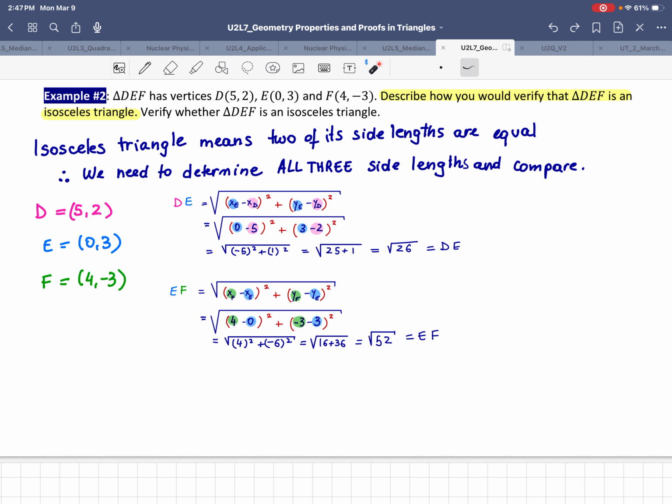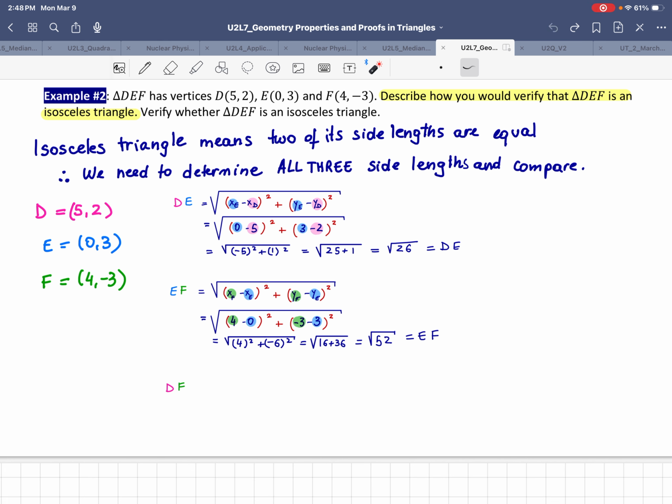So far, no luck. We don't have two equal sides, so we have to keep searching for the third side in the triangle. So this time we're looking for DF. Remember, these are the only possibilities of forming lengths, right?